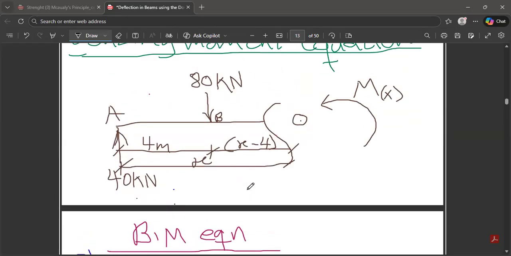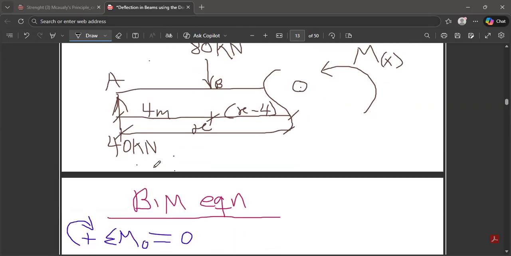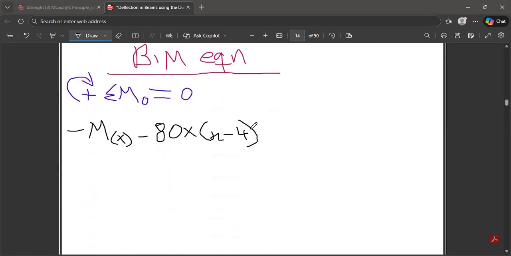And also the other one, if I stand over here and I open to here, you realize that a distance of x is covered. Now I don't know it. So it becomes 40 times x. But this one is going to move in clockwise, so this time it is going to be plus 40 times x.